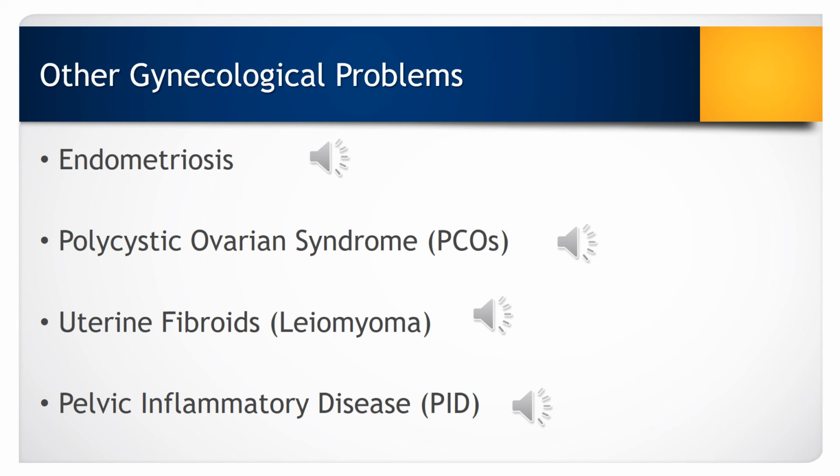What a typical woman with PCOS would present with upon testing is that she'd have elevated levels of estrogen and testosterone and LH or luteinizing hormone, but she has a decreased follicle stimulating hormone, which we know is needed in order for a follicle to develop into a mature ovum.